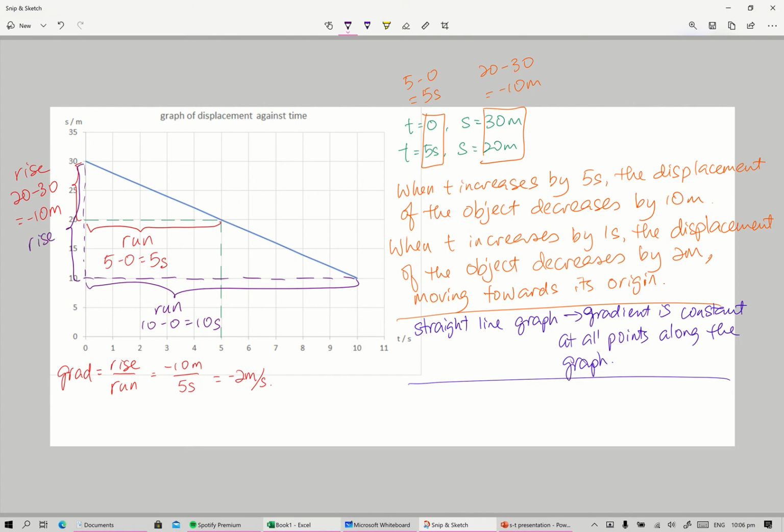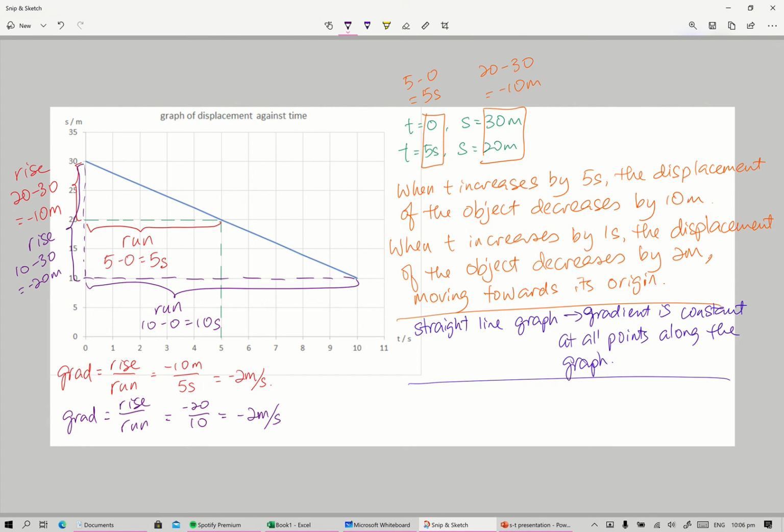So the displacement decreases from 30 to 10. That's 10 minus 30 equals minus 20 meters. And your gradient equals rise over run equals minus 20 over 10 equals minus 2 meters per second. You get back the same gradient. And that proves the point. The gradient is constant at all points along the graph.